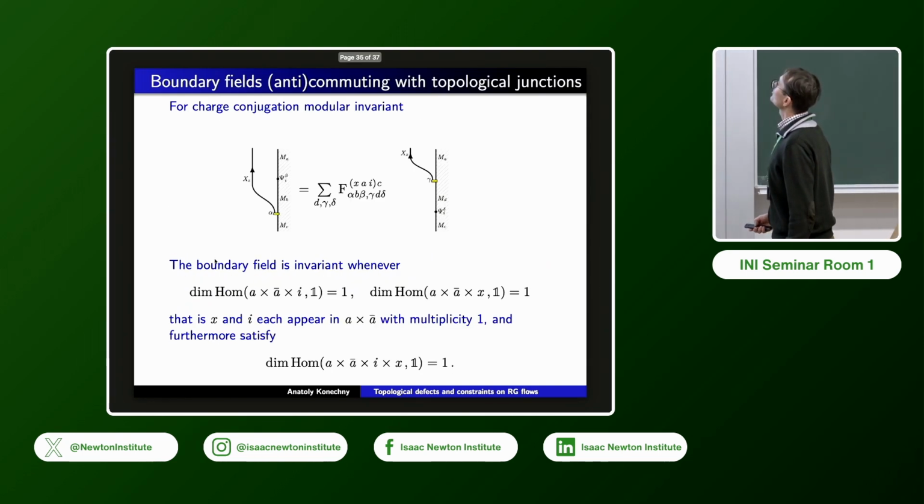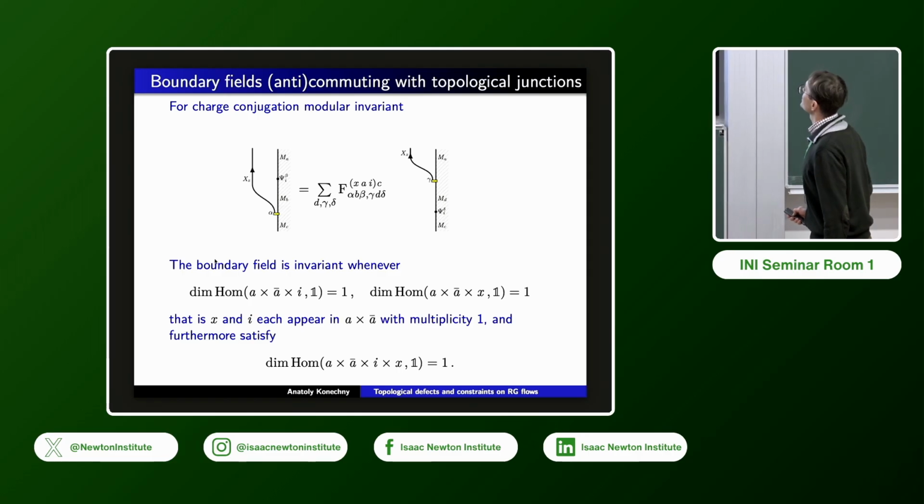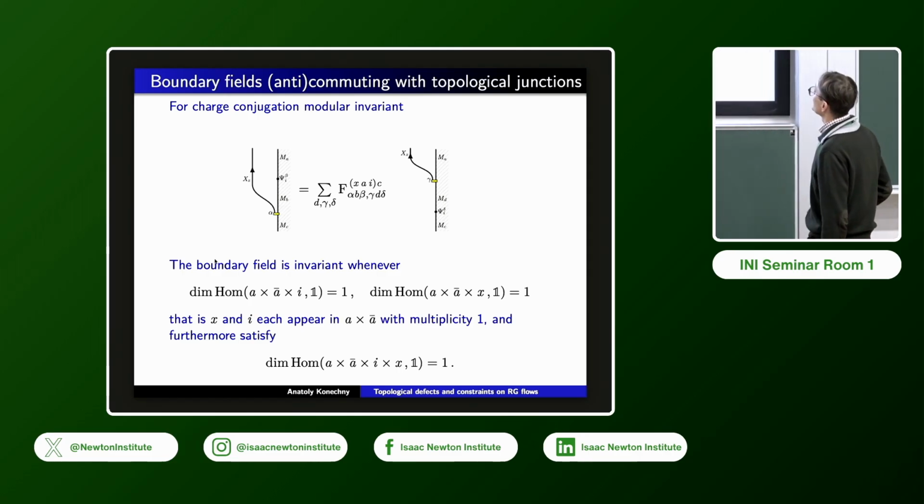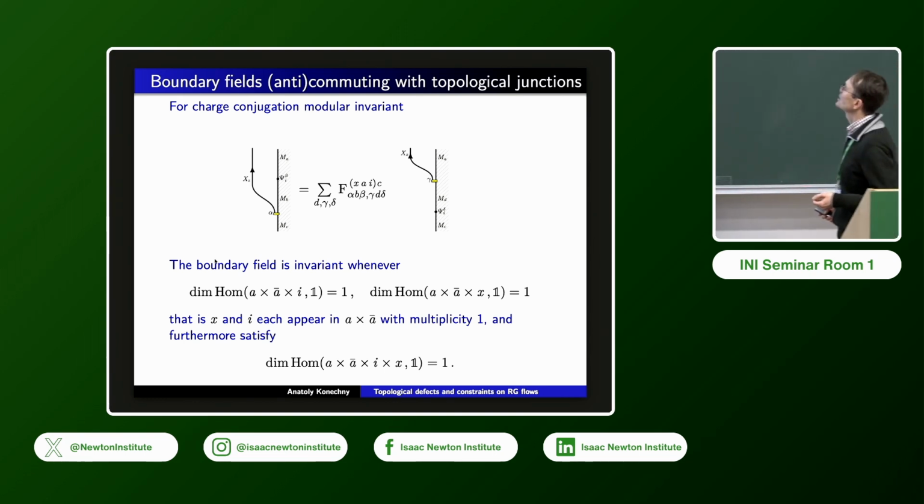And similar problems can be posed for the boundary. So for the boundary, now I have more representations in the game, so it's slightly different. I had only 2 before, now I have 3. So the defect is, say, elementary, it's labeled by X. The boundary is labeled A for the rational boundary condition.